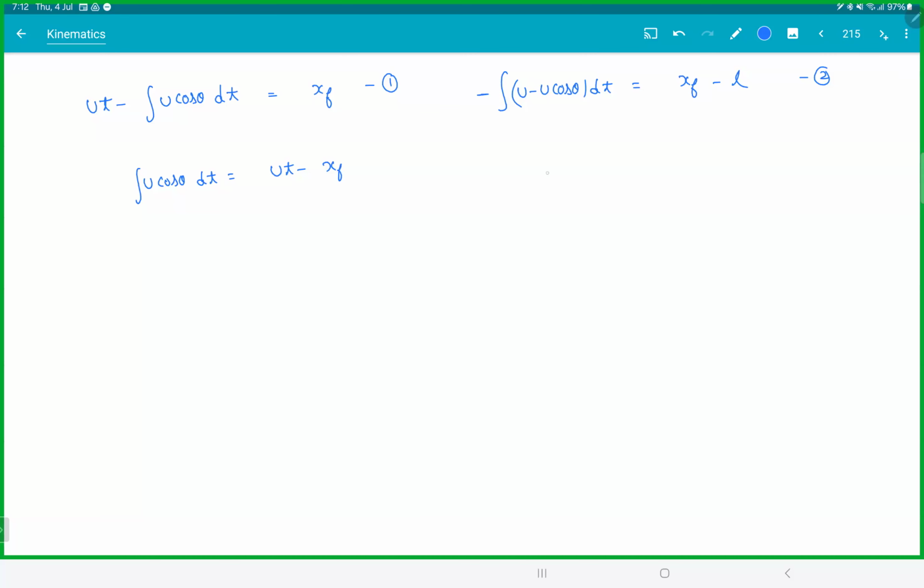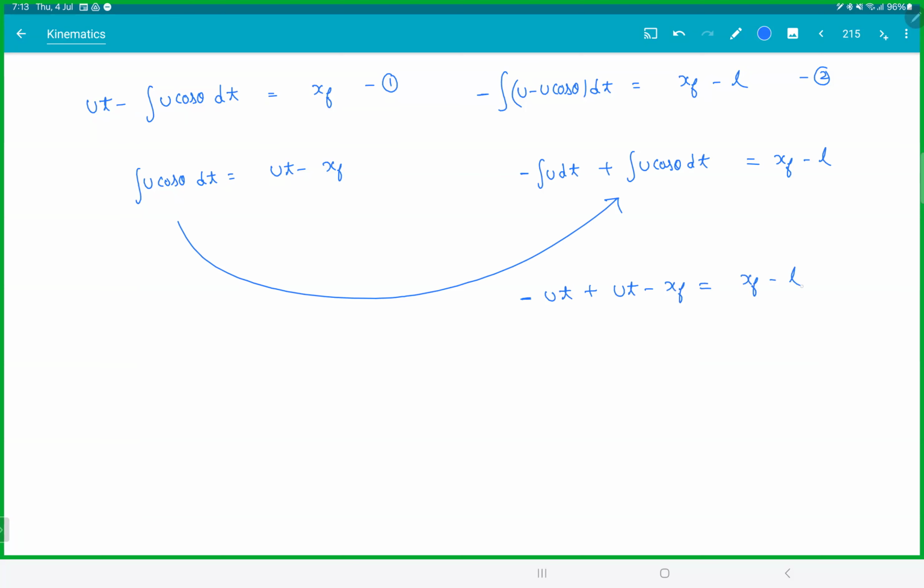Dump it in this. This is minus u dt, plus integral u cos theta dt, equal to x final minus L. Take this and put it here. This will be minus ut plus ut minus x final is equal to x final minus L. ut goes off. You end up with 2 x final equal to L. x final is L by 2. So the final distance between the cat and the dog is L by 2.